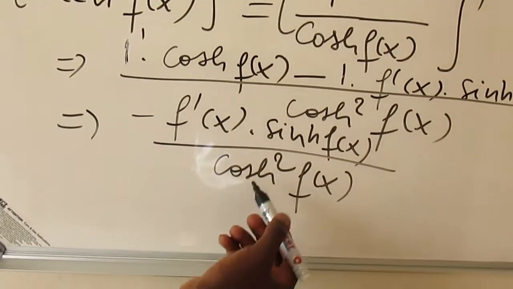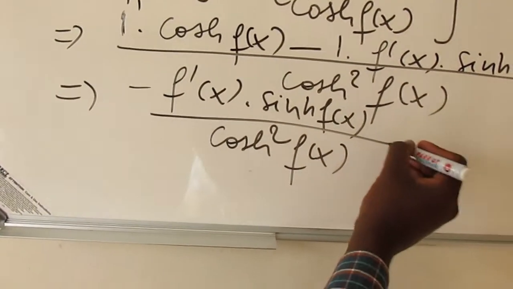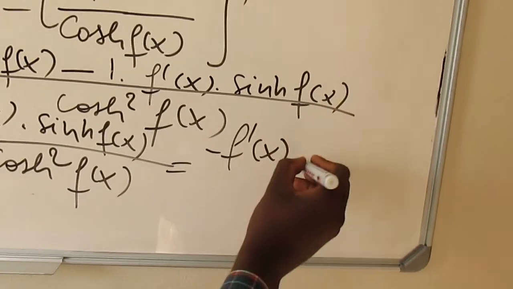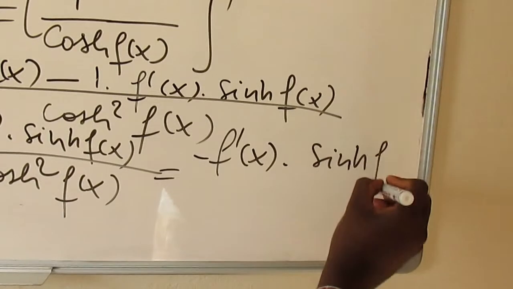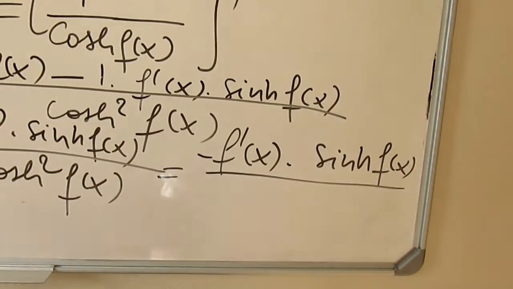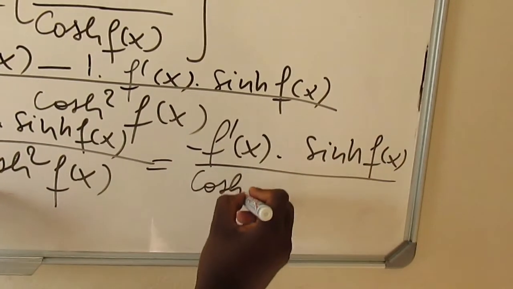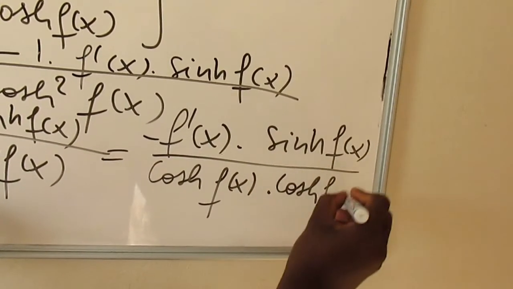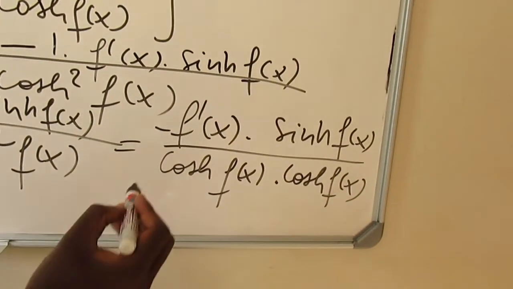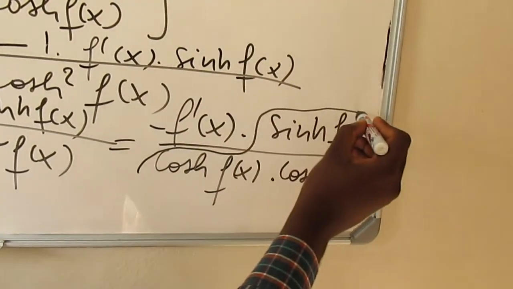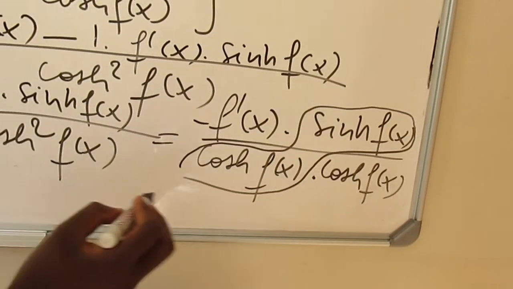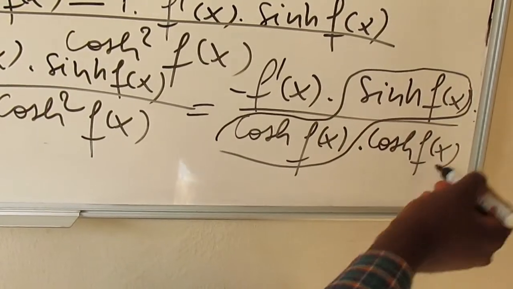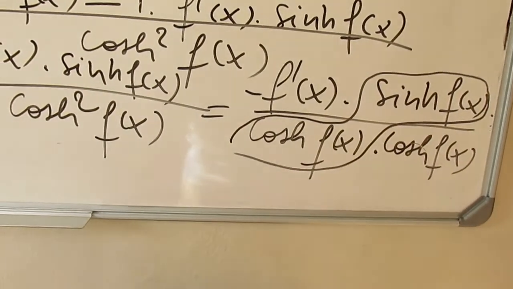We can write the cosh twice under the denominator: cosh of f of x multiplied by cosh of f of x. Then sinh over cosh is tanh, and there is a 1 remaining there. 1 over cosh is going to give you sec.